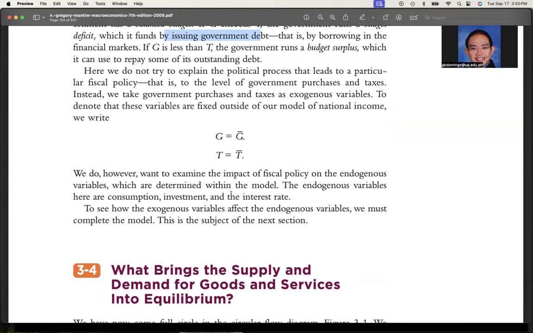I stand corrected. The endogenous variables are consumption, investment, interest rate, not GDP at this point, because at this point, GDP, like we said, is a function of the inputs and technology. So Y is unchanged. It's really just the components of Y that are moving around as G is moving around.